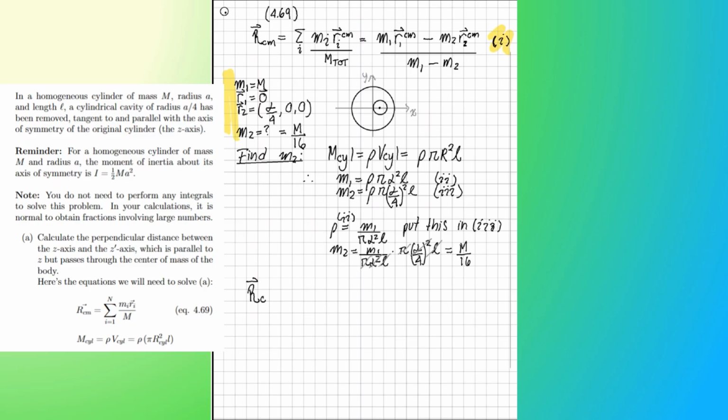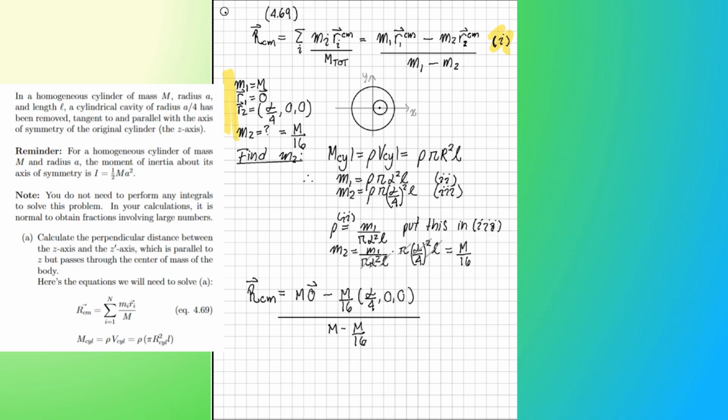So the position vector of the center of mass is equal to M1, which is M, multiplied by R1, which is 0, minus, don't forget minus, M2, multiplied by R2, which is alpha divided by 4 in the x direction and 0 in the y and z direction, divided by the total mass, which is just M1 minus M2.